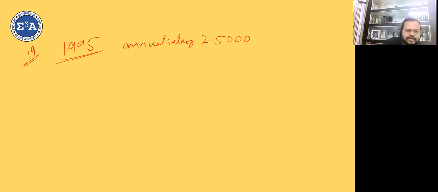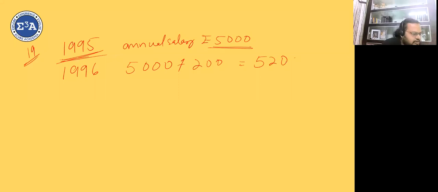So in 1995 he had rupees 5,000 as salary. In 1996 his salary would have become 5,000 plus 200, which is 5,200. Similarly, in the coming year again 200 rupees will increase, so in 1997 he will earn 5,400.